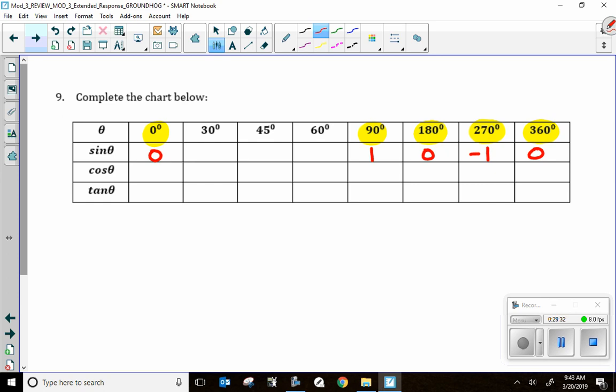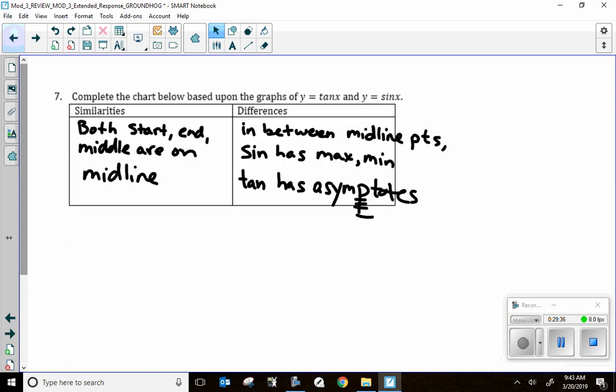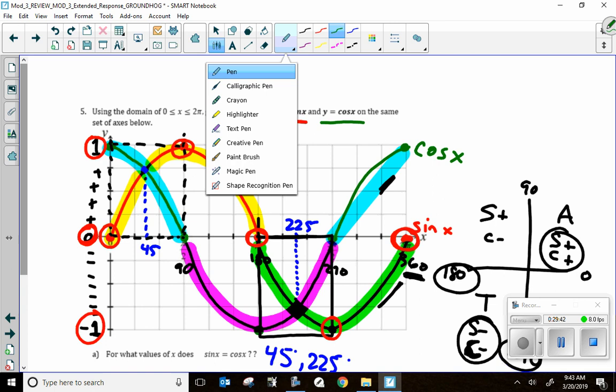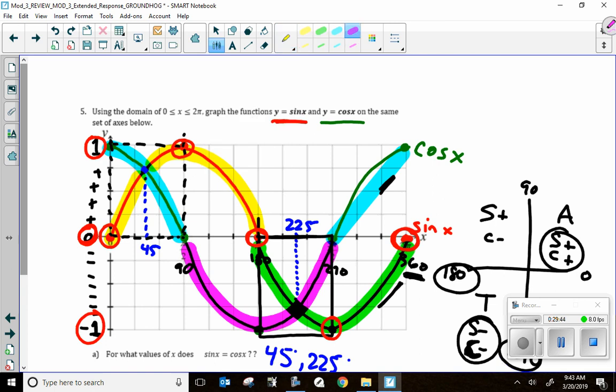I'm going to do the same thing with cosine, all right? I'm going to go back. Okay, sorry about all this stuff. Now, I'm looking at cosine. Let's do highlight purple. Cosine is this one right here.